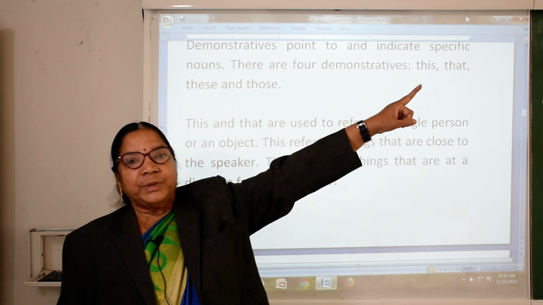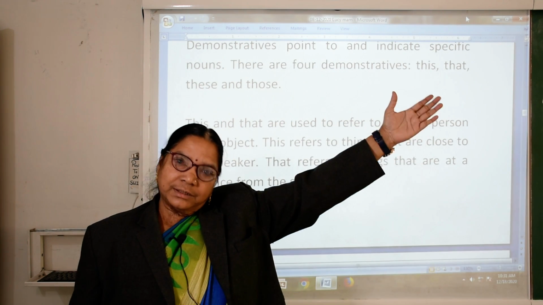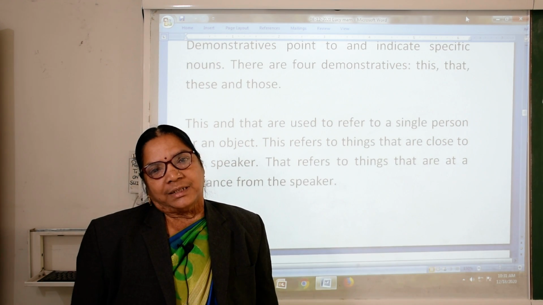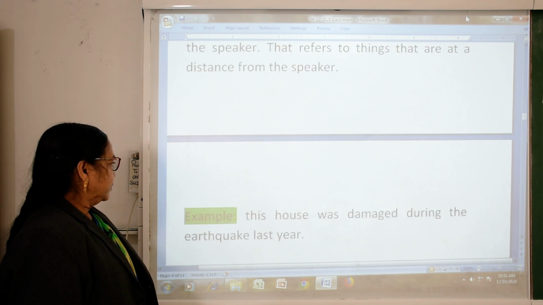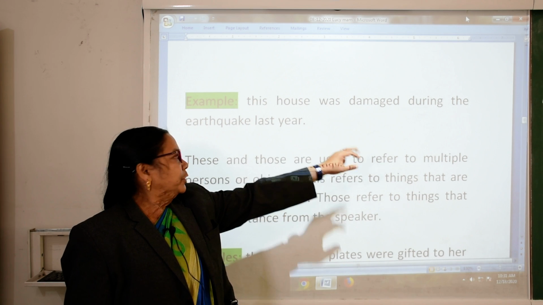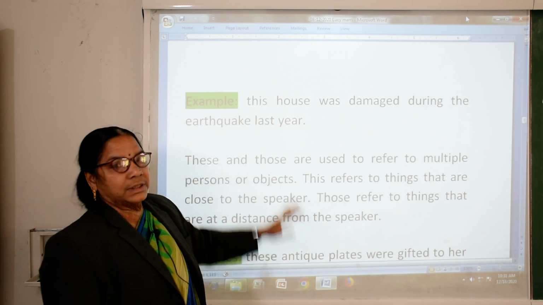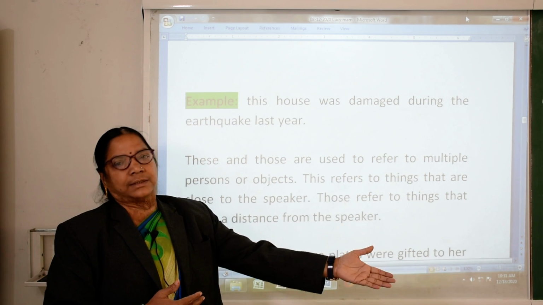That is a tube light; it is distant, not close to me, it is far, so I will say, that is a tube light. Example: this house was damaged during the earthquake last year. This house means very close.